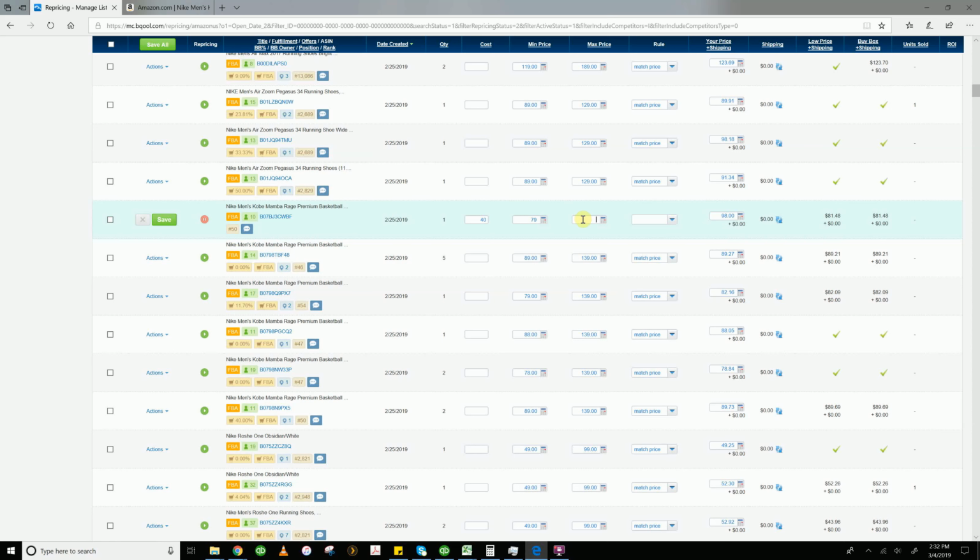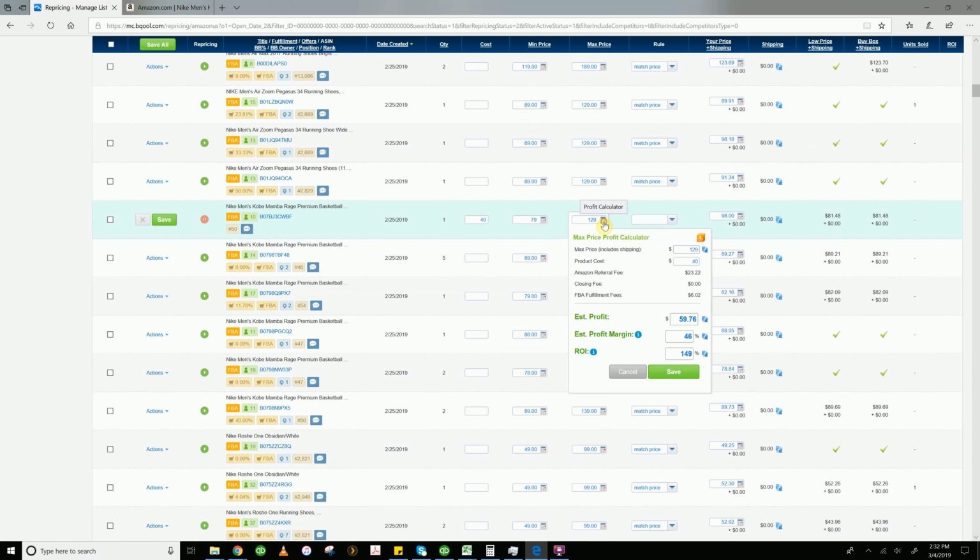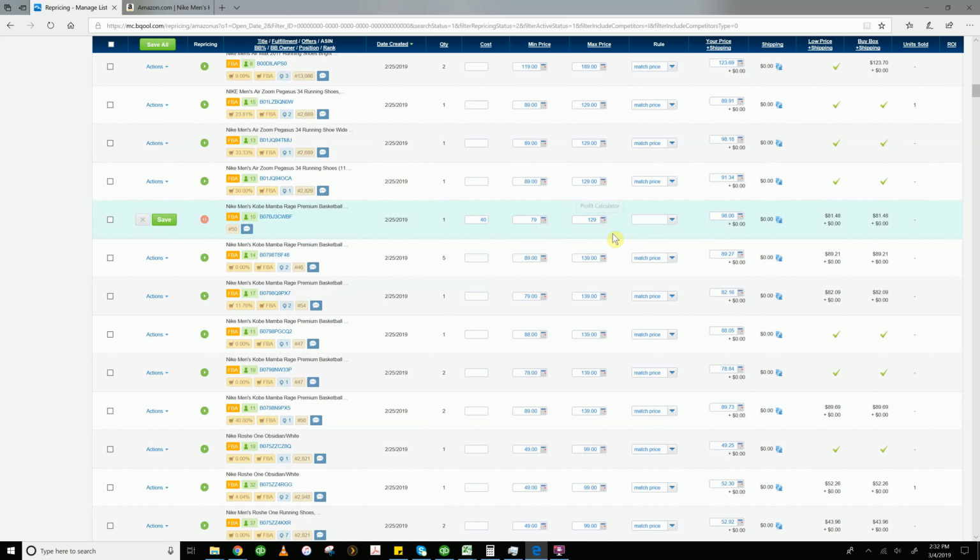So I'm going to set my max just to 129, which if I wanted to check profits at that, it would be insanely lucrative. You might choose 119, 124, whatever, and then I'd be going to the match price. You can see the other two rules here. This is our custom rule we want to use all the time. So hit that.